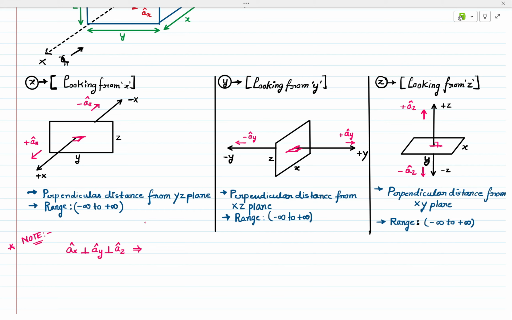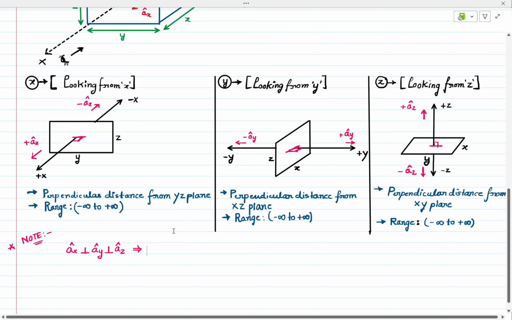Then I can say this Cartesian coordinate system is an orthogonal system.